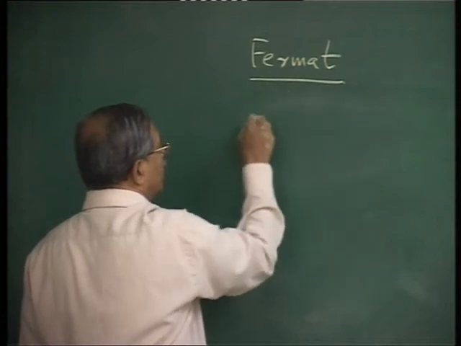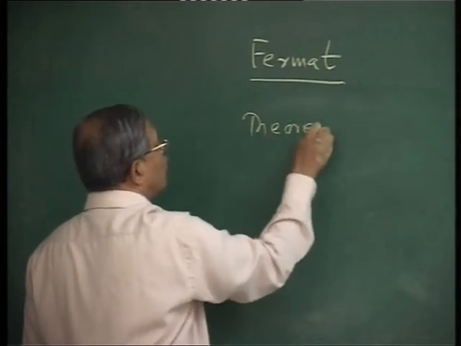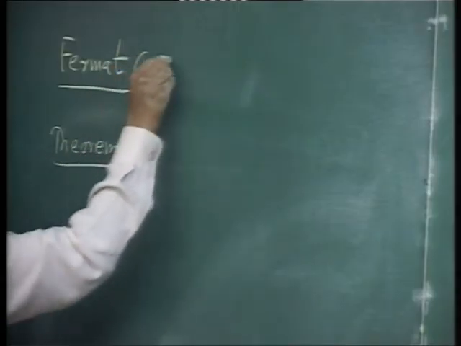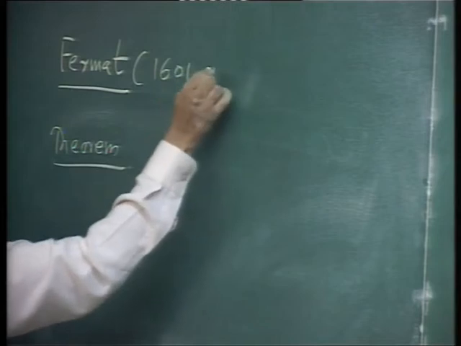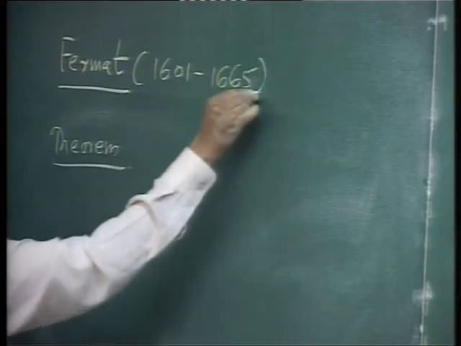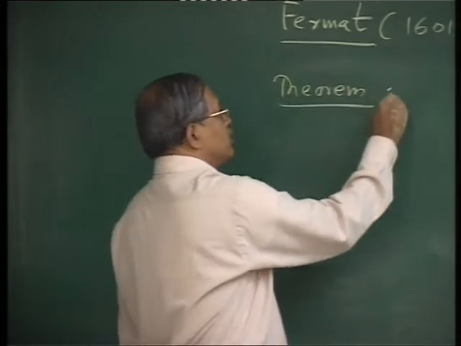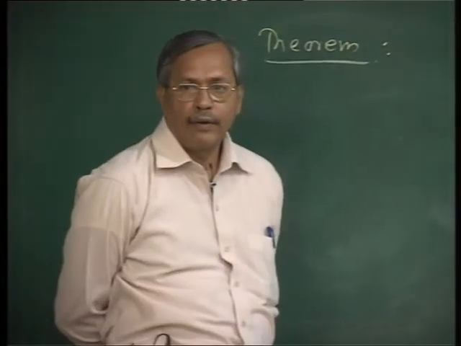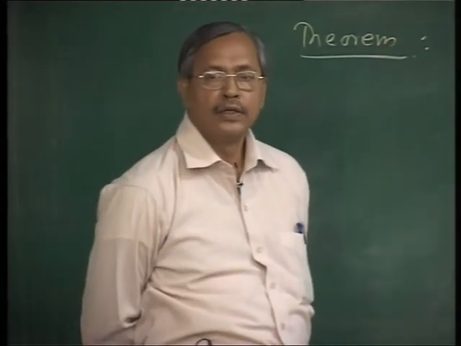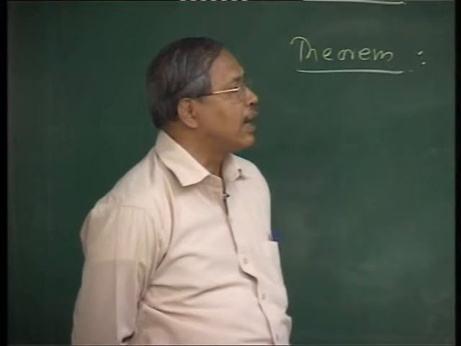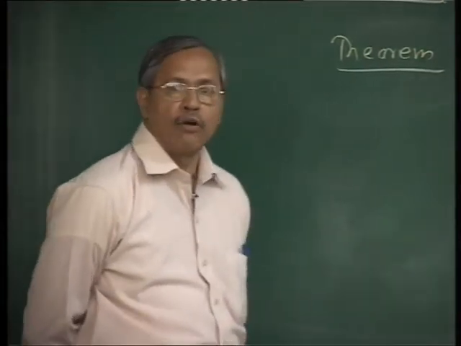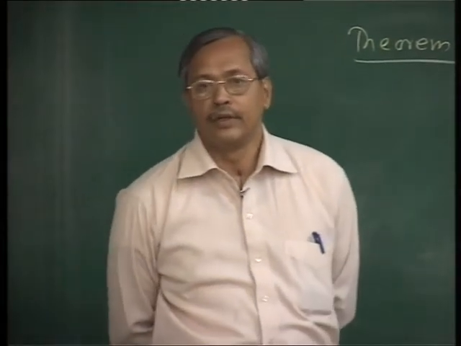So, he proved the following theorem. Fermat is 1601 to 1665. The theorem is: when can a positive integer be written as a sum of two squares? The criterion is to look at the prime factors of the positive integer.